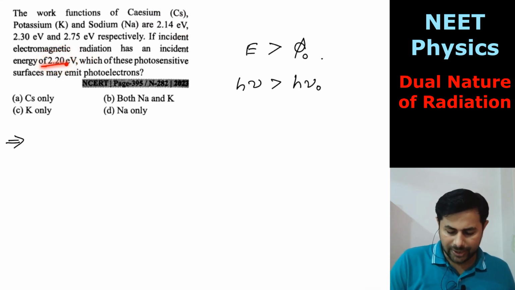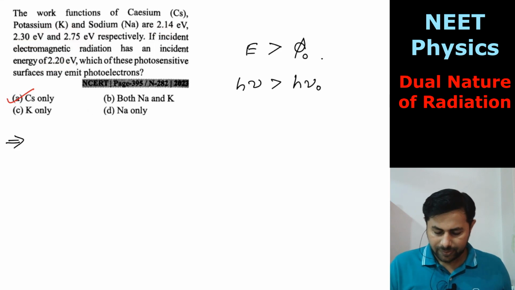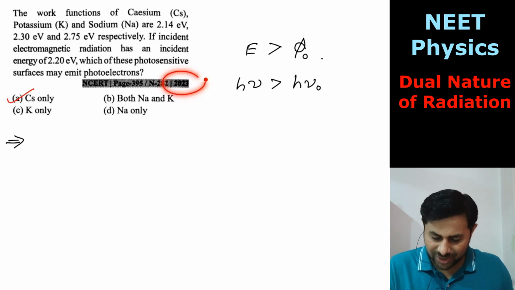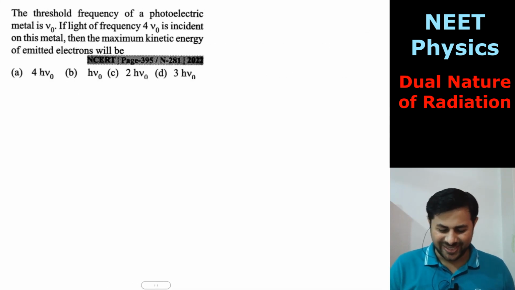Energy is greater than this work function, but it's not greater for the second and third case, that is for potassium and sodium. So answer is Cs, right? So that's correct. Very simple. Okay, simple question in last NEET. Let's see what happens this time. All right, let's see next one.